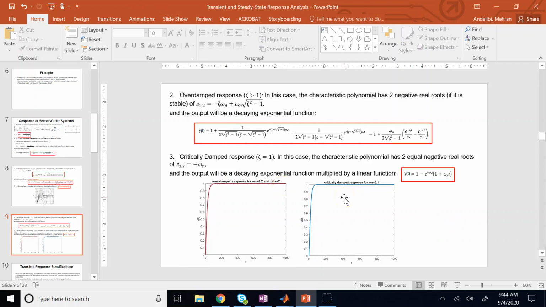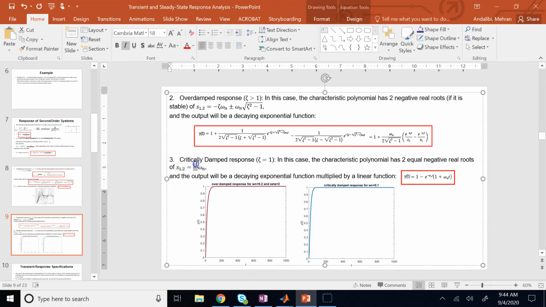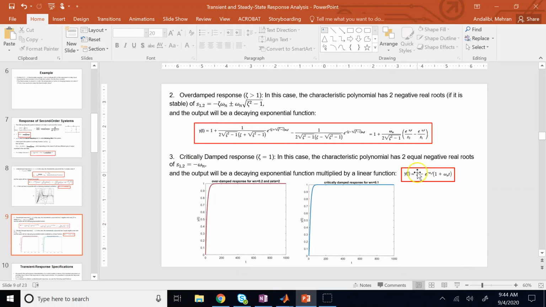Critically damped is when zeta is 1, so both of the roots are equal to negative omega n. In this case, your response has two parts. One is an exponential, right? e to the negative omega n t, where negative omega n was s1. The other one is going to be another exponential like the first one, but times t.